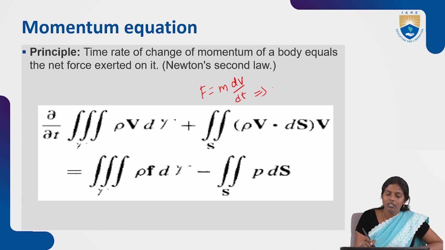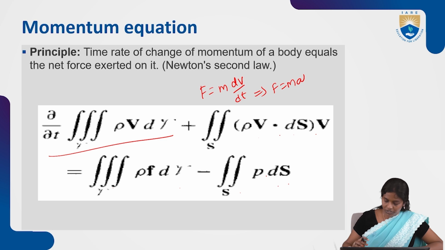From this we got the equation: the partial derivative with respect to t of the volume integral of rho V dV, in case of unsteady flow, plus the surface integral of rho V dS times V, equal to the volume integral of rho f dV minus the surface integral of p dS. So this is the conservation of momentum equation.